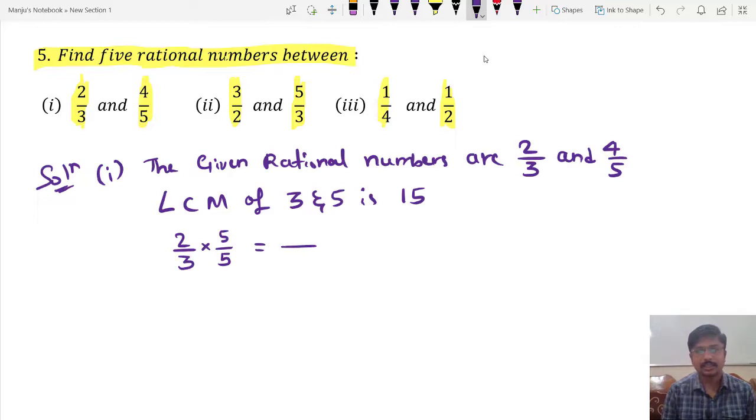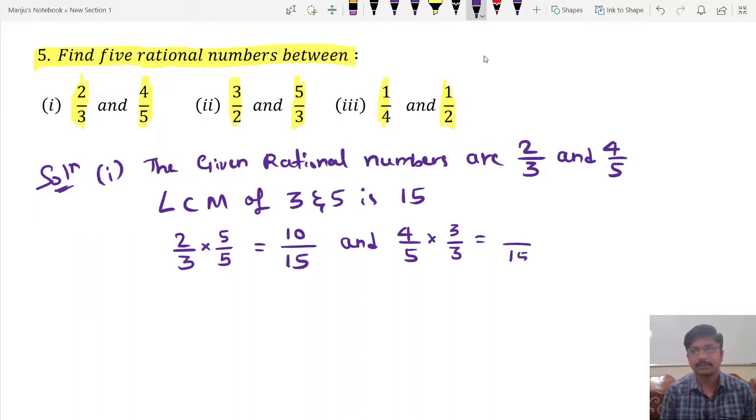What do we get here? 2 fives are 10, 3 fives are 15. Consider the next rational number, that is 4 by 5. Now we will multiply both numerator and denominator of 4 by 5 by 3. Why? Because we have to get the denominator as 15. That means 5 threes are 15, and numerator 4 threes are 12.